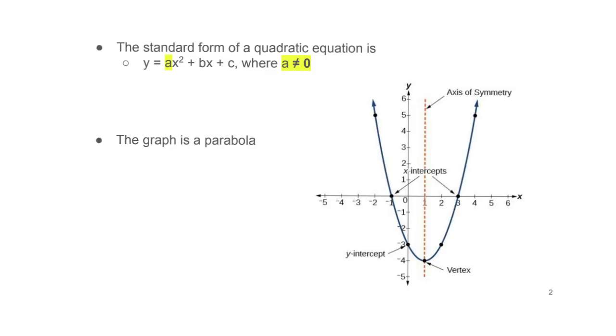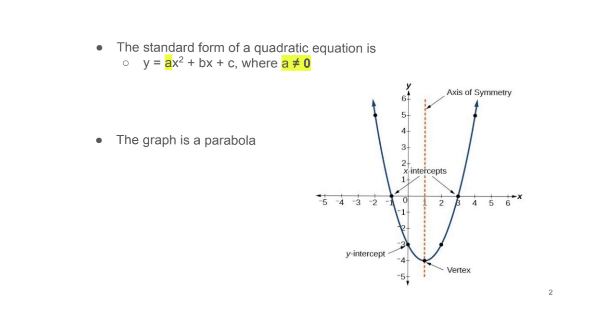Now this slide has a lot of information, but it's pretty self-explanatory, but I'm going to go through it anyway. So the standard form of a quadratic equation is y equals ax squared, the squared is important, that tells you that it's quadratic, plus bx plus c, where the value of a cannot be 0.